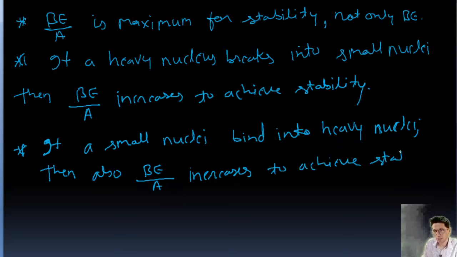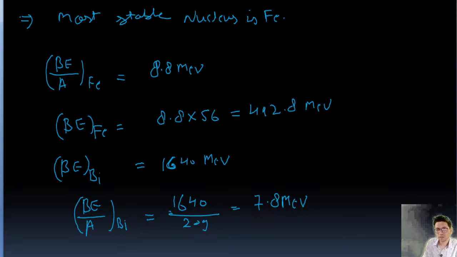Very important. So for getting stability, small nuclei can also bind together and make a heavy nucleus. This is about the binding energy curve. Very important, especially you will be asked in interviews and also in the examination.